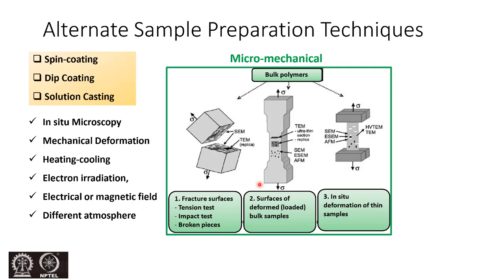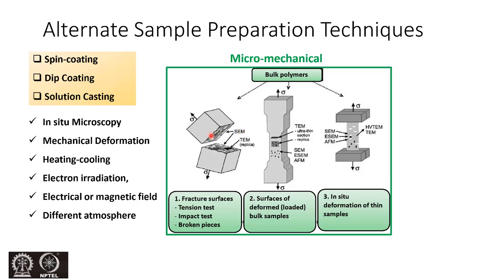So alternate sample preparation techniques are spin coating or dip coating or solution coating casting on the grid itself, which is for in situ microscopy, mechanical deformation, heating or cooling, electron irradiation, electrical or magnetic field, or different techniques also we can check. So for micromechanical, we can use the bulk polymers also for checking the mechanical property.